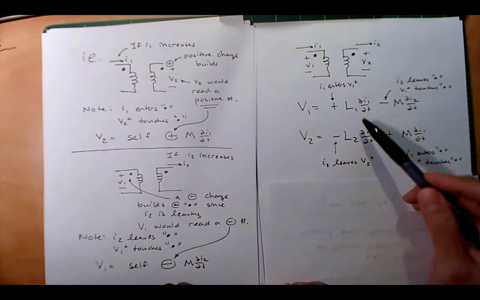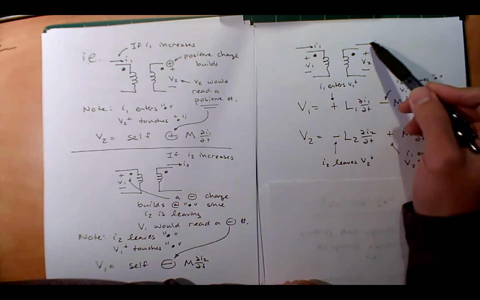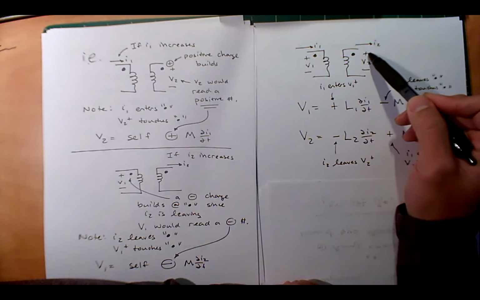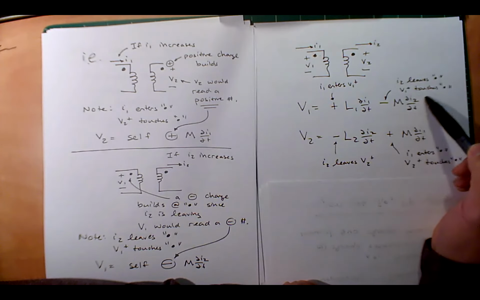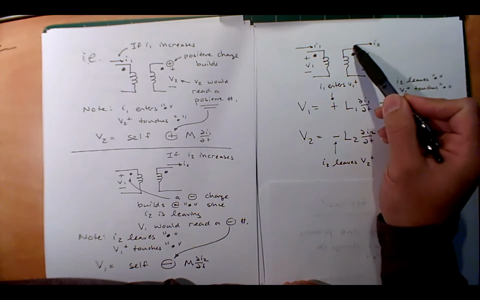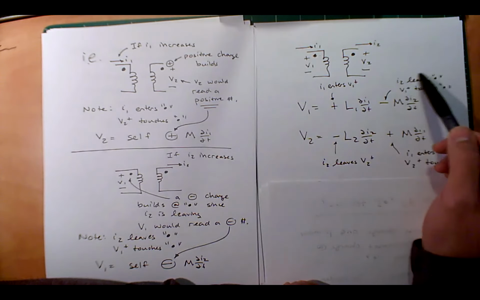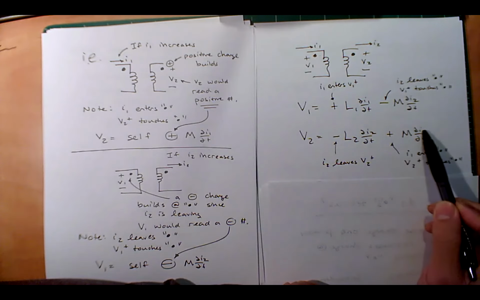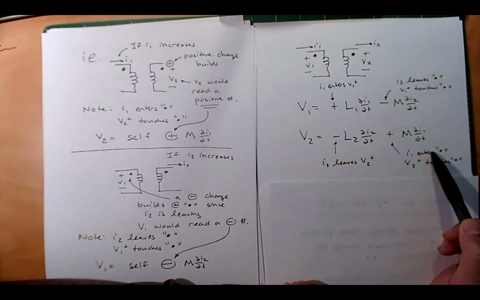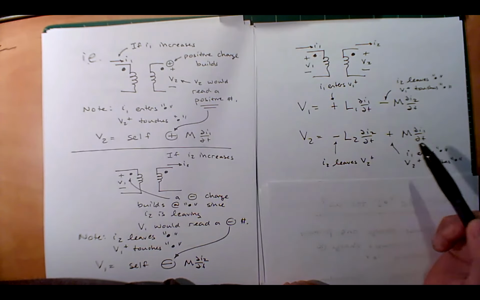Now the self-inductance is easy, right? In this case, I1 is entering the positive terminal, so that's positive, and I2 is leaving the positive terminal, so that's negative. And note here, I2 leaves its dot and V1 positive touches the dot, so you're looking at opposite current and voltage for the sign of the mutual inductance. Here, I1 enters its dot and V2 positive touches its dot. Boom, and we get a positive.